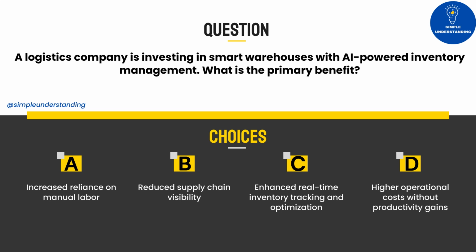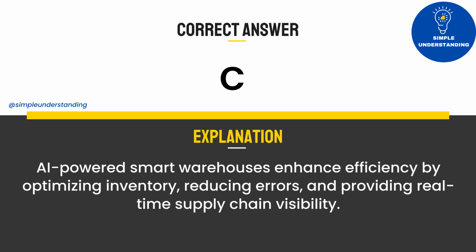D. Higher operational costs without productivity gains. Correct answer: C. Enhanced real-time inventory tracking and optimization. Explanation: AI-powered smart warehouses enhance efficiency by optimizing inventory, reducing errors, and providing real-time supply chain visibility.